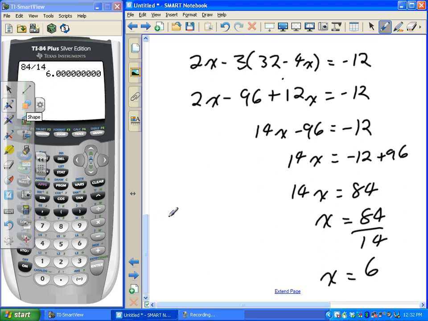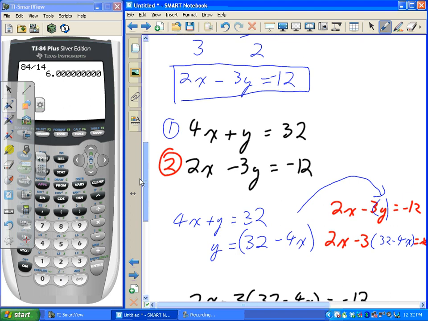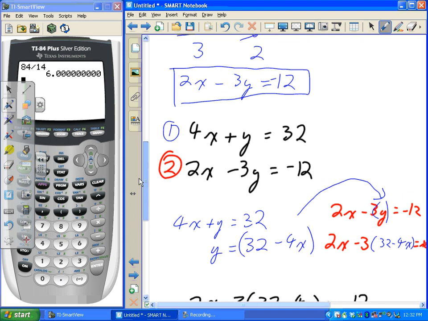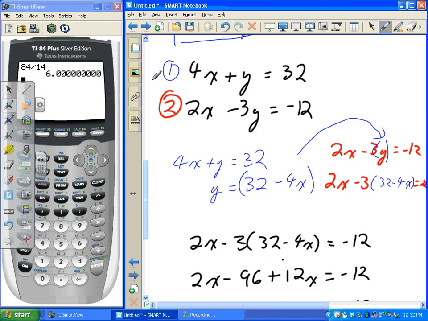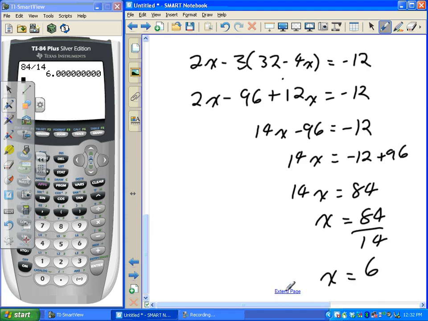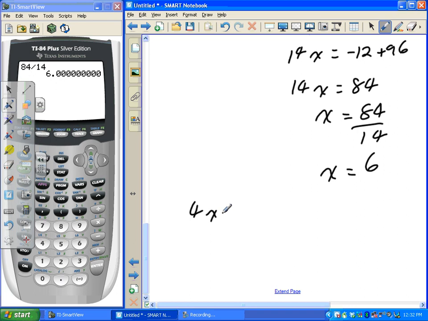So, all I did was solve for x, though. Still not done. A lot of work here. I'm going to substitute that into our original equation, 4x plus y equals 32. What I mean by original is our first equation. If x is 6, I'm going to substitute it in there.